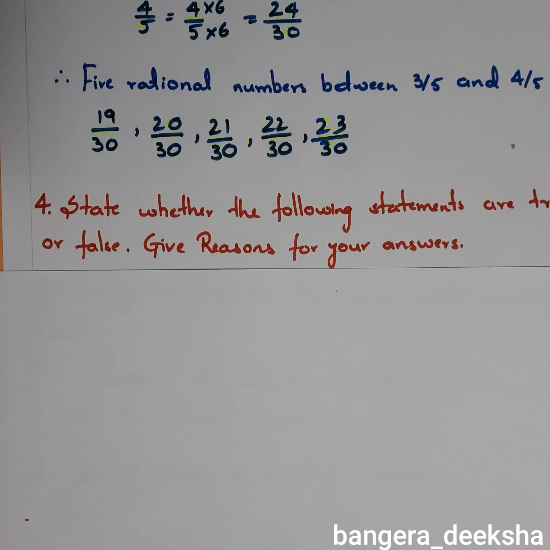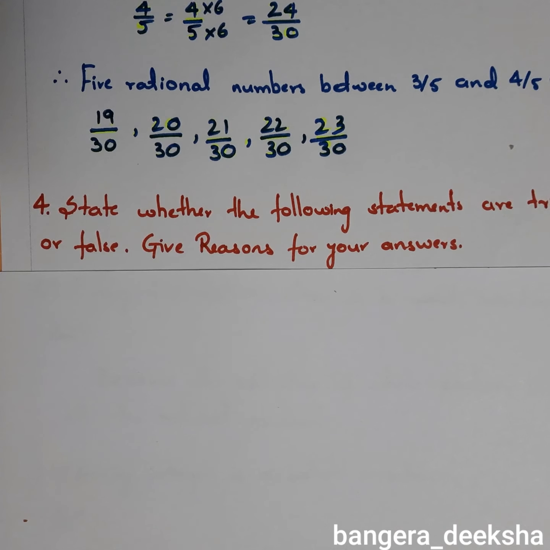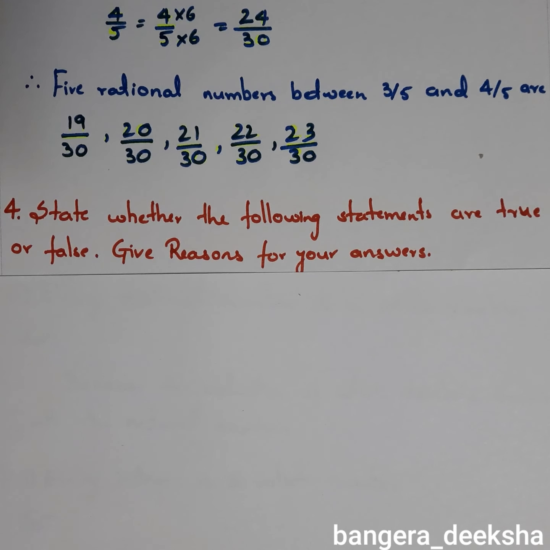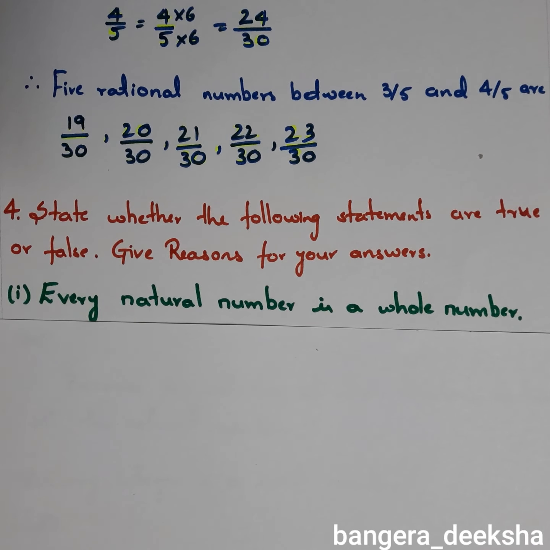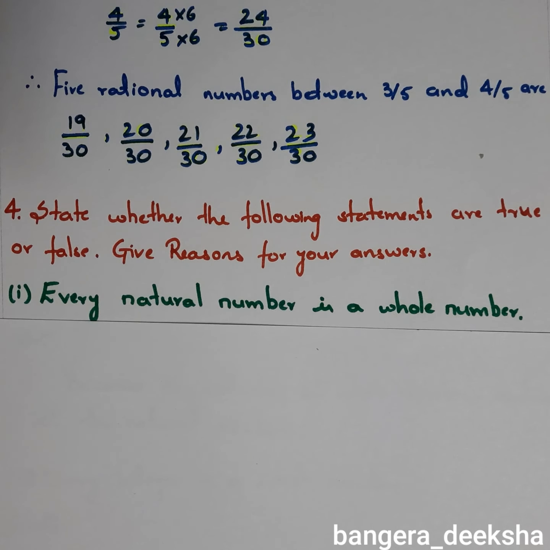State whether the following statements are true or false. Give reason for your answers. The first statement is, every natural number is a whole number. Our natural numbers start with 1 and go up to infinity. Similarly, whole numbers start from 0 to infinity.